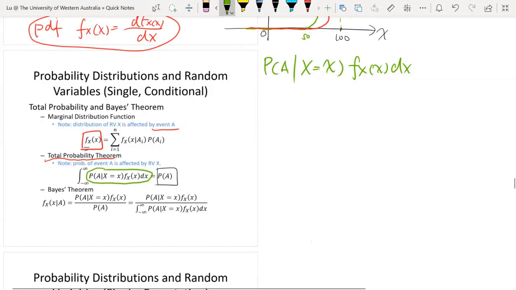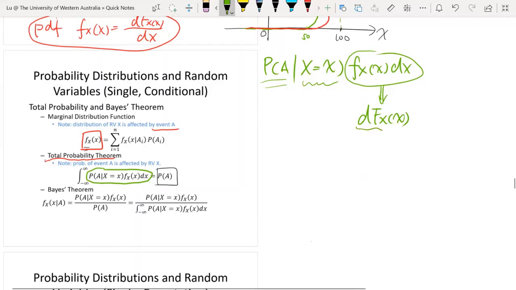This is used to evaluate the probability of the event A when the random variable capital X is equal to a given value x. The next term here can be translated to dFX(x). So this concept is used in the integration of the PDF function, right?